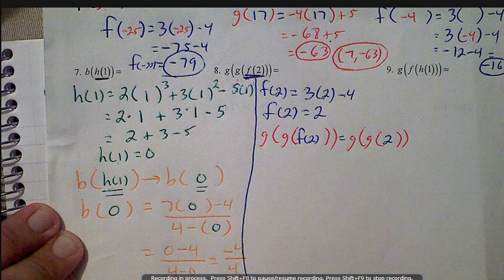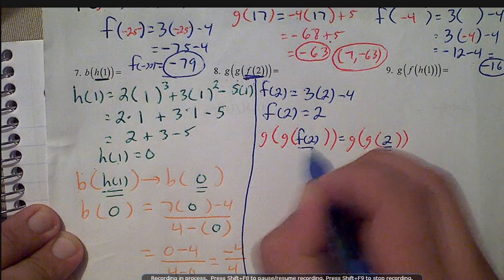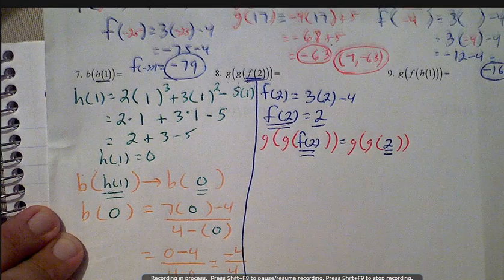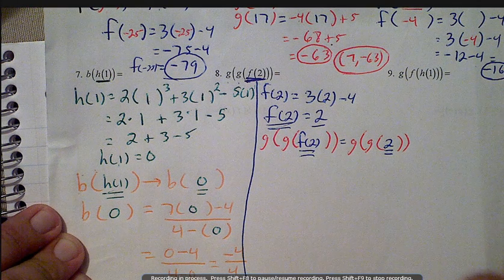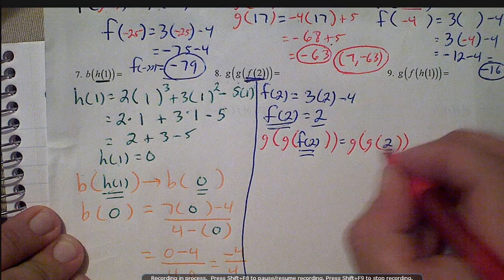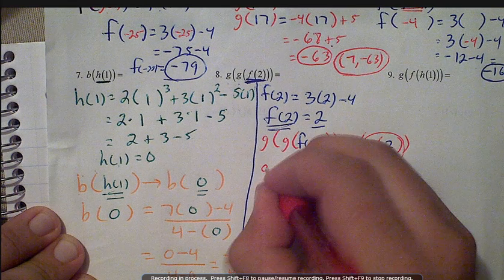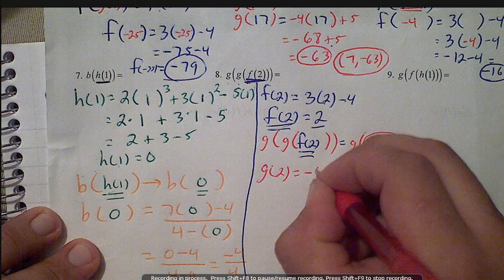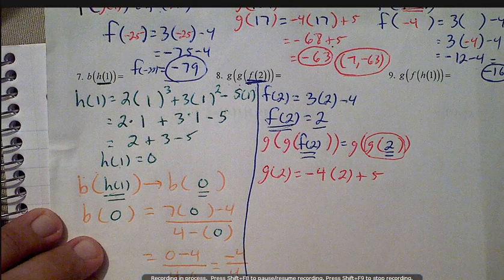So now our next step, again working from inside out, is to find what g of 2 is. So g of 2, substitute 2 into the g function, and you get negative 8 plus 5, so g of 2 is negative 3.